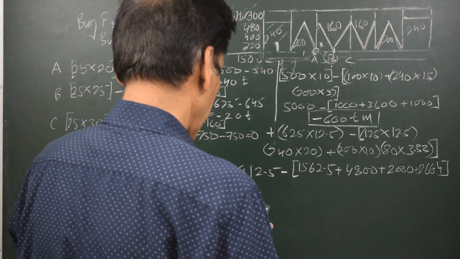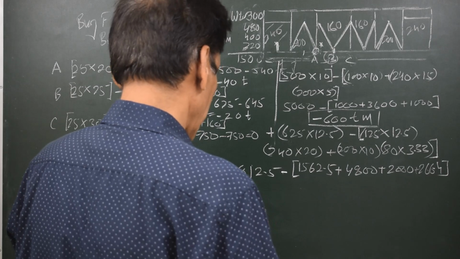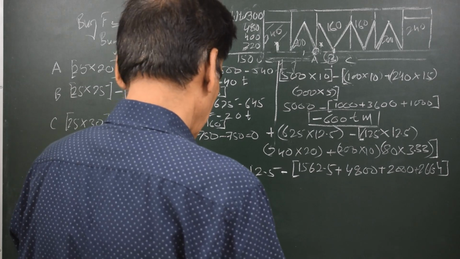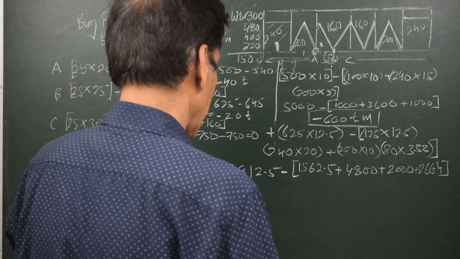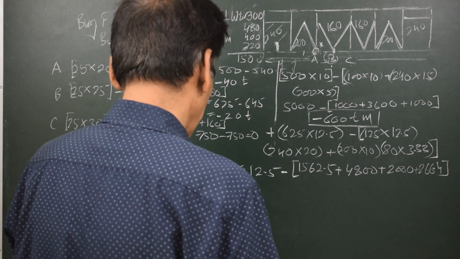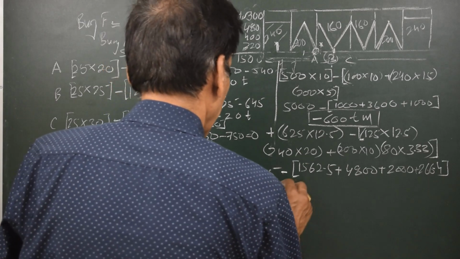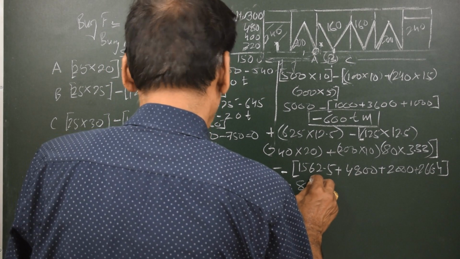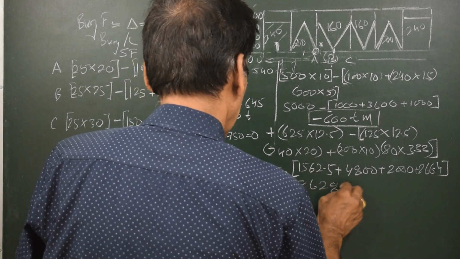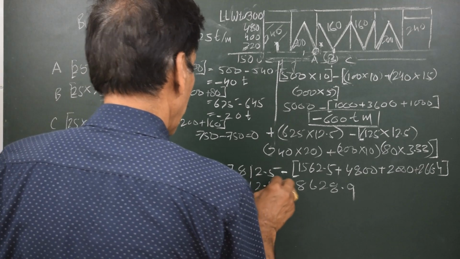So the total is 8628.9, minus 8628.9 and 7812.5.